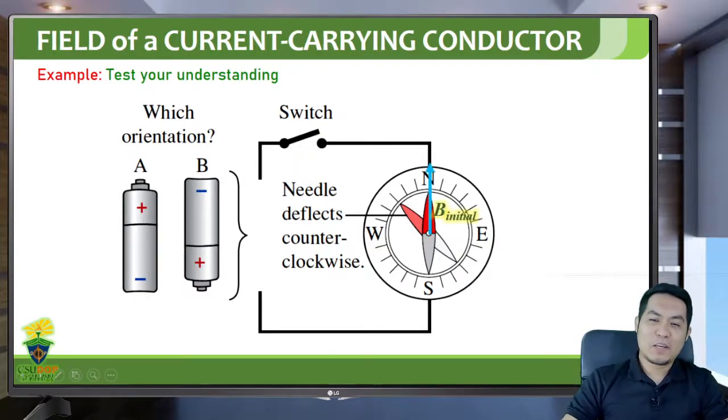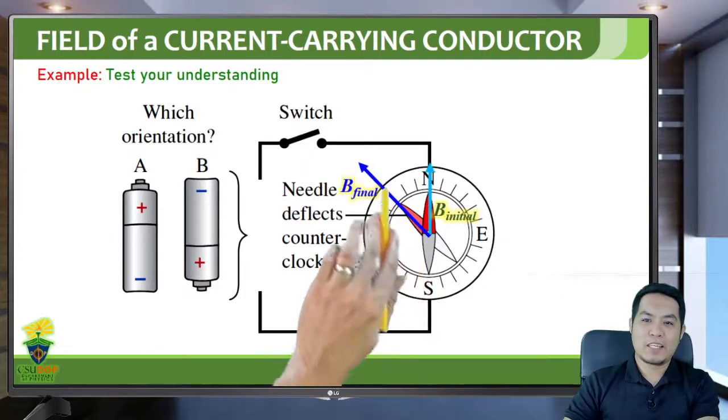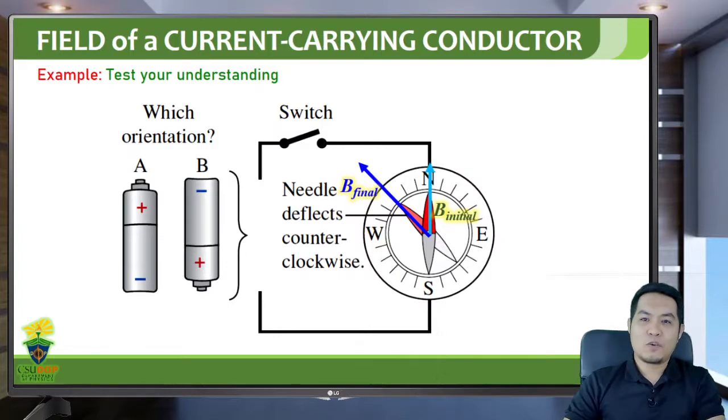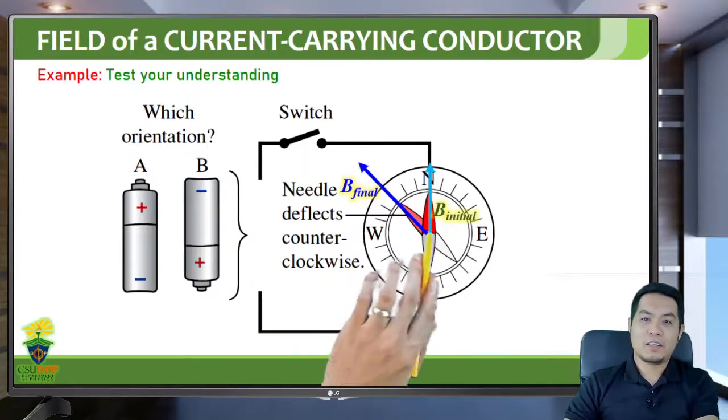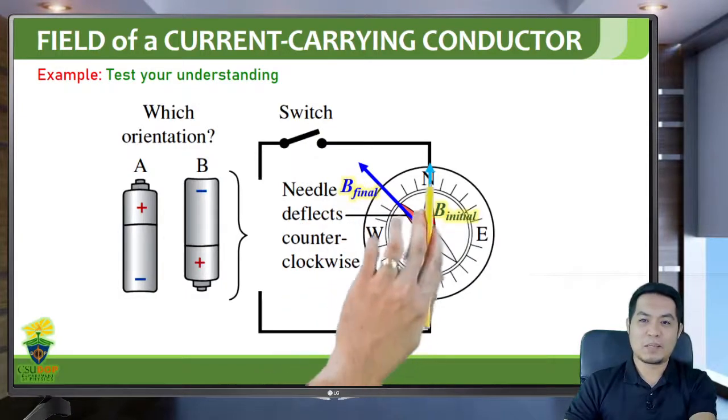So the initial magnetic field is in this direction, and the final magnetic field is in this direction. What should be the magnetic field due to the current carrying conductor, such that the final magnetic field will be this one, given this initial magnetic field? So vector addition, right?